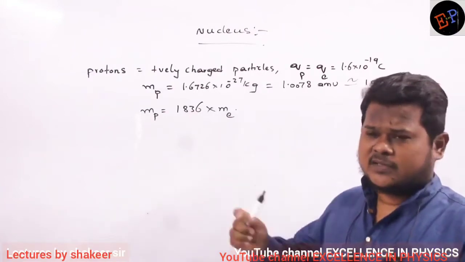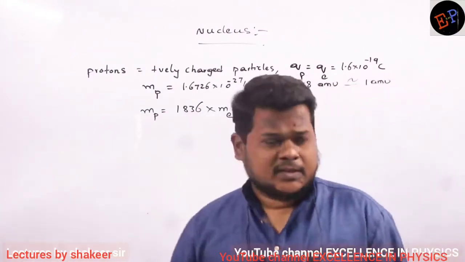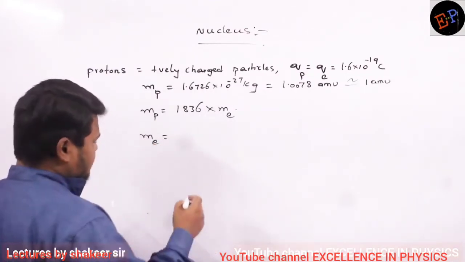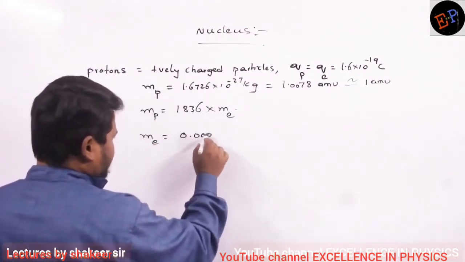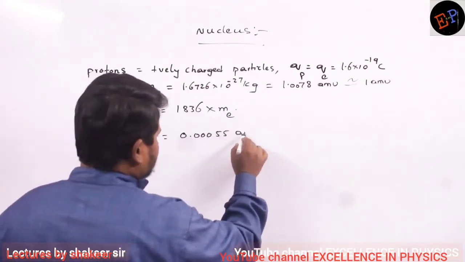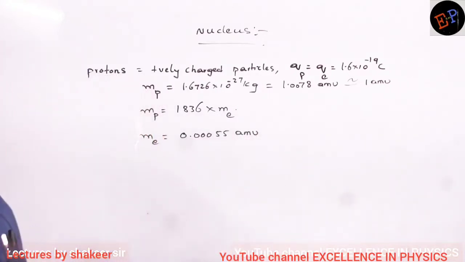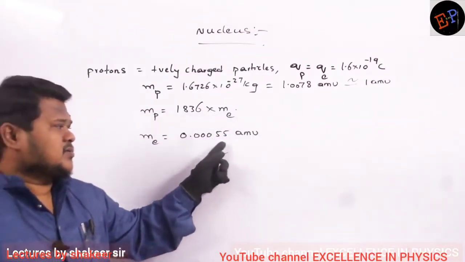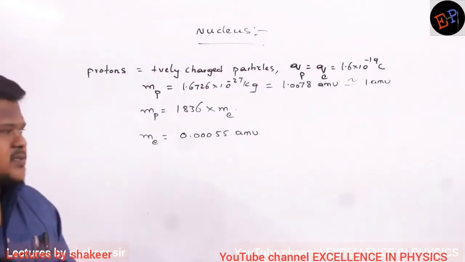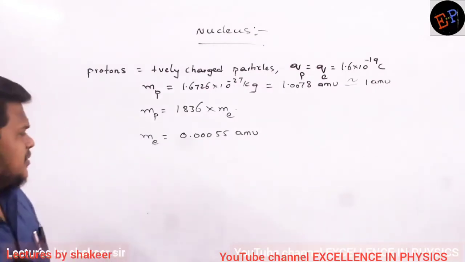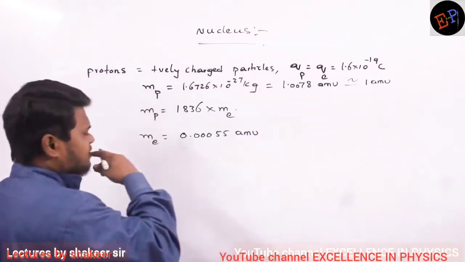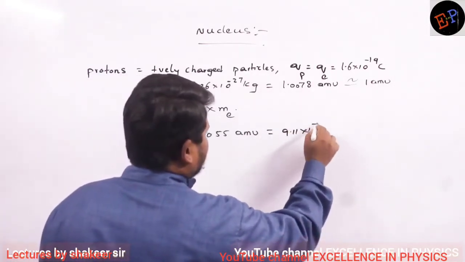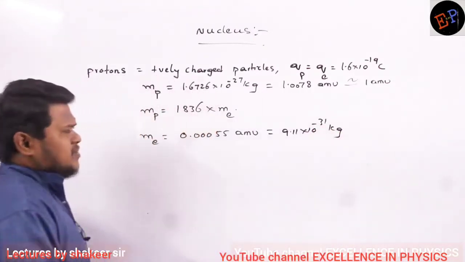Mass of electron in atomic mass units is 0.00055 atomic mass units, whereas the proton is 1.0078. In kgs, the mass of an electron is 9.11 into 10 power minus 31 kg.